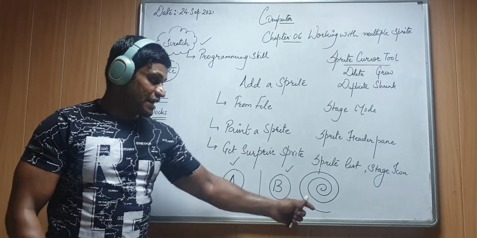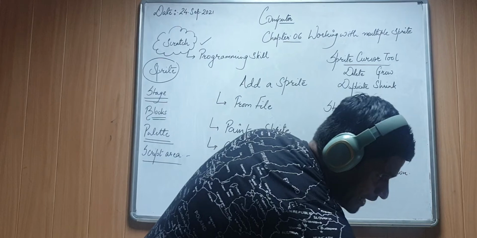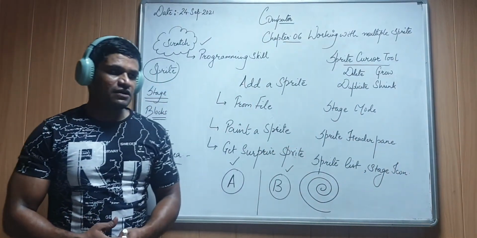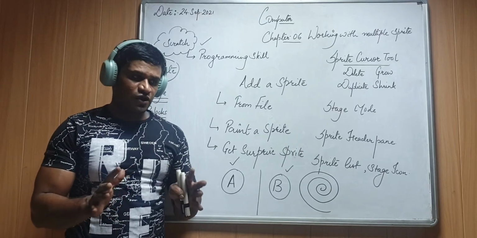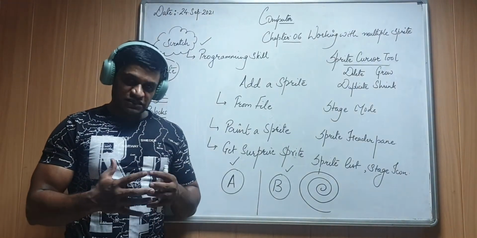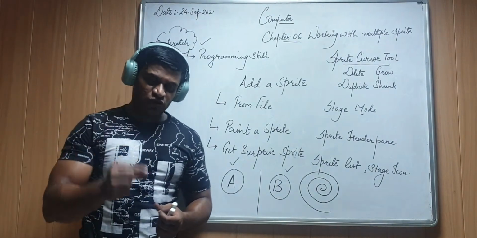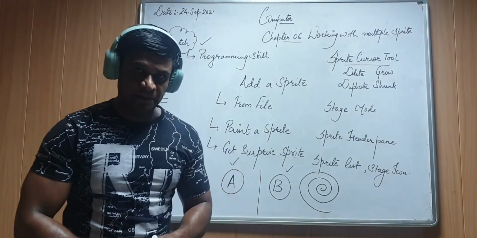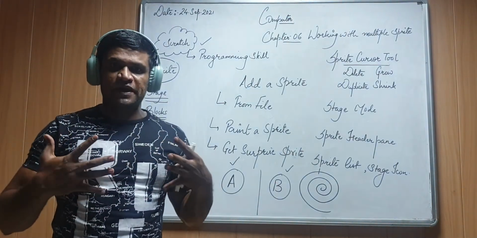This is the graphical effect you can see in whirl. Then we have others like pixelate, which makes the image of your sprite blur. Brightness, the sprite becomes bright. Mosaic, you will see multiple small images of the sprite. Ghost, the sprite becomes completely transparent.